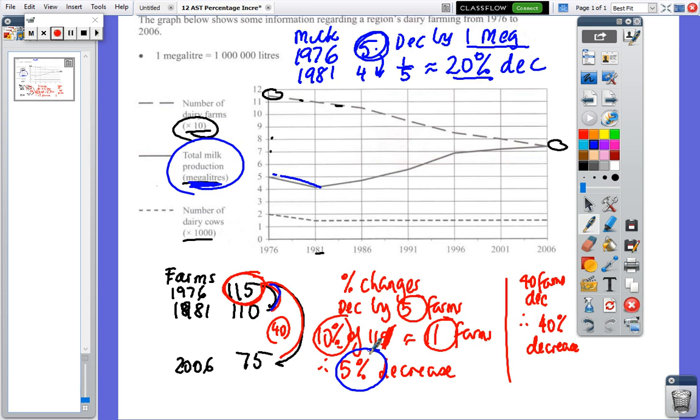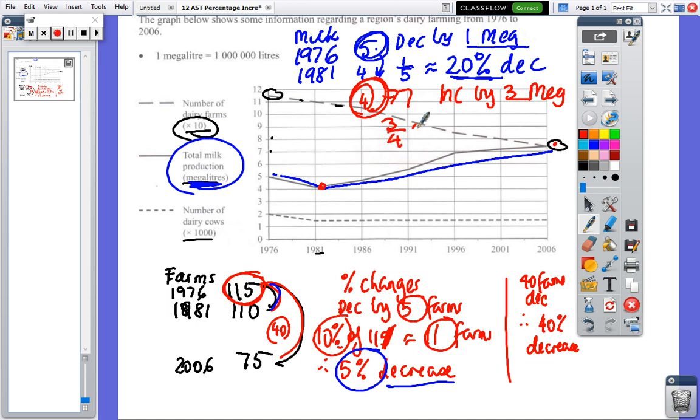So we could compare the decrease in farms, but the cows have actually produced a lot less milk. After that, it's a pretty steady increase. From the starting base of 4, it increases up to about 7, so it's increased by 3 megalitres. Again, we can't knock off a 0 to get our 10%, but 3/4 is about a 75% increase.